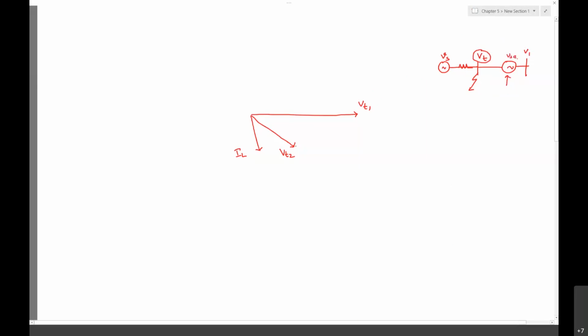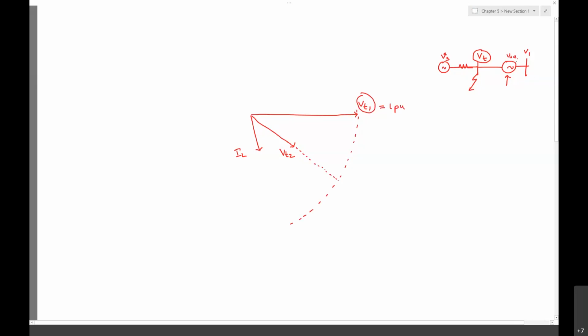In this process of voltage injection, you should not think that the voltage injection is only in phase with respect to VT2. The dotted line I'm drawing over here is the locus of the load voltage, or the terminal voltage, which is equal to 1 per unit, which we expect at the load point.